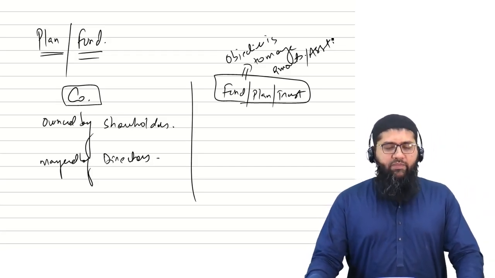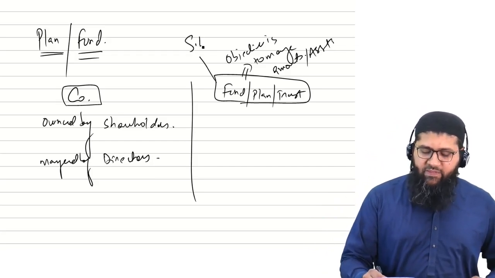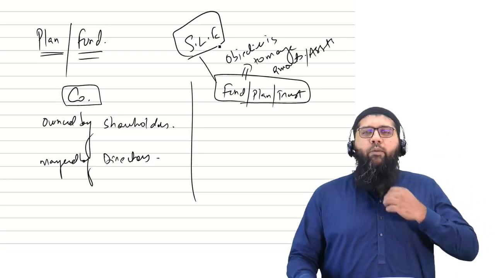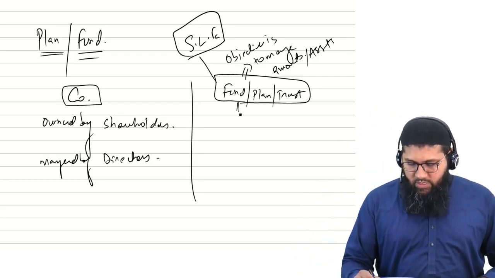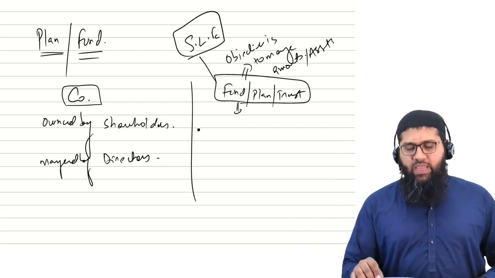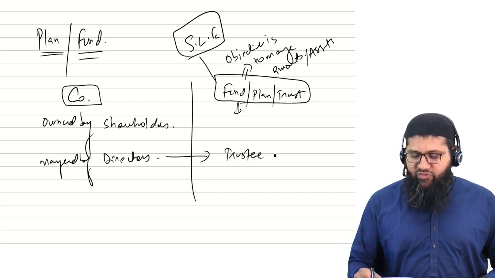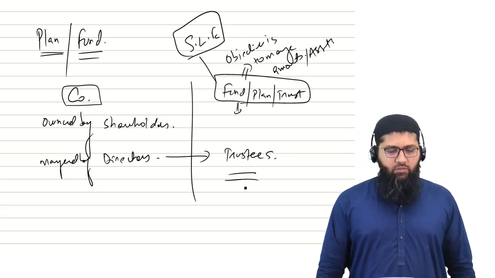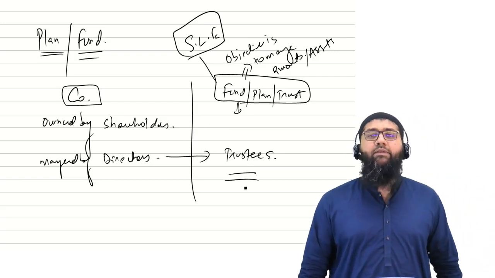Generally speaking, a fund or a plan or a trust is a separate legal entity created with the objective of managing funds. I'm not saying it's owned by them, but the people who run it, the ones who manage it, are usually termed as trustees.